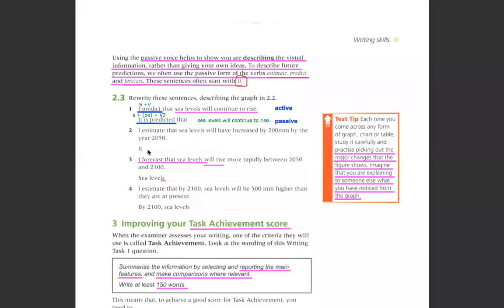All right, let's try this one. So I'd like you to have a look at this sentence and complete it for me. So please write the whole sentence in the chat box. So here, this is active. We want to change it and make it a passive sentence by starting the sentence with the word it.